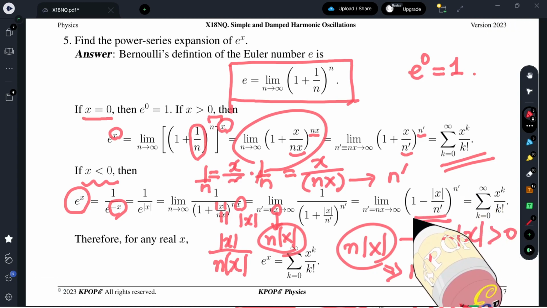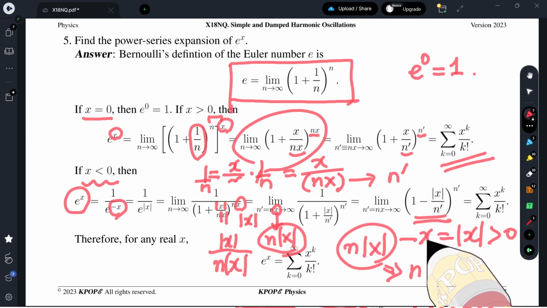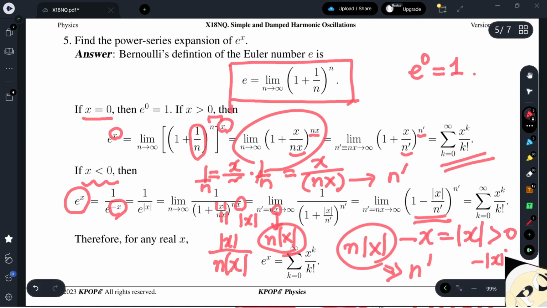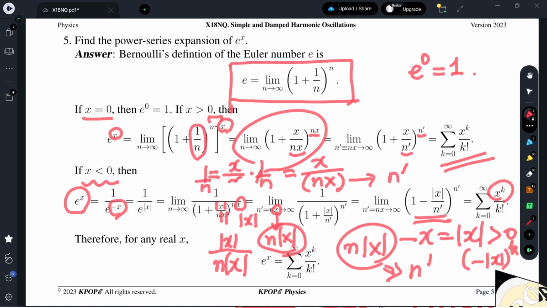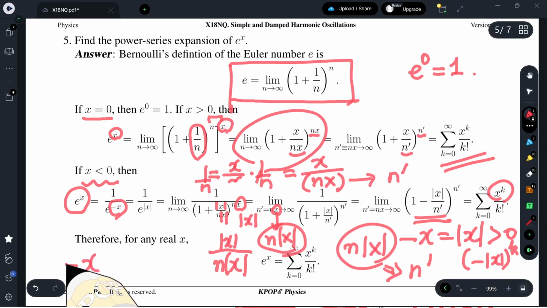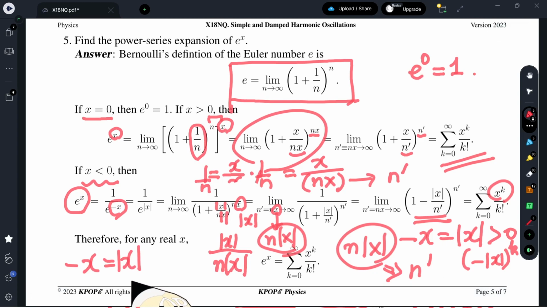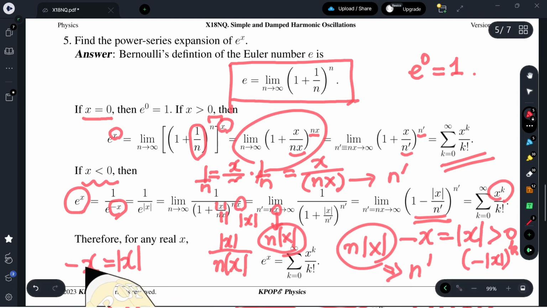In that case, it is explicitly written in the form minus the absolute value of x to the k. And actually minus x is the absolute value of x. Therefore, I can replace this one with x to the k.